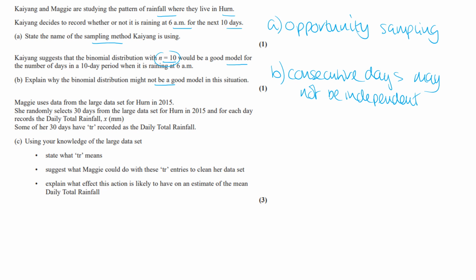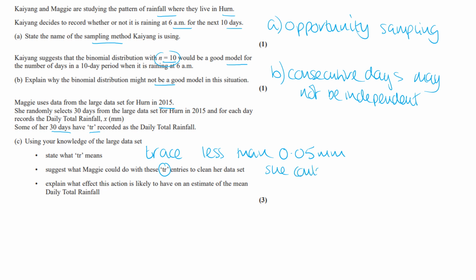Okay, next bit, Maggie uses data from the large data set in Herne 2015, selects 30 days, and some of her 30 days have this TR. Well, TR stands for trace, and that is less than 0.05 millimeters of rain. Suggest what Maggie could do with these TR entries.